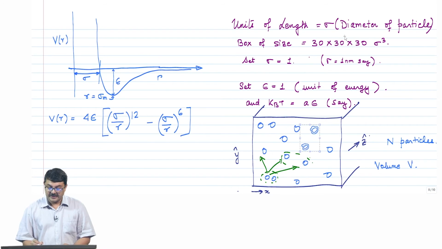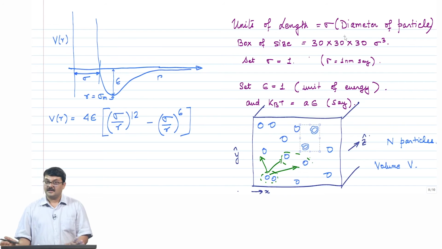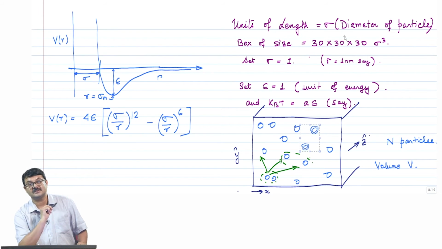Let us focus on this particle, it is interacting with this particle, and this particle, but it is also interacting with all other possible particles far away in the box, because this potential essentially goes to 0 only at infinity. It might have a very low value at higher distances, but still it is not 0.